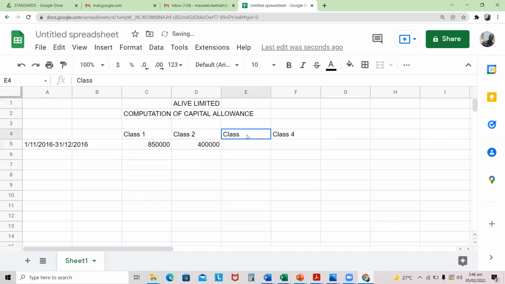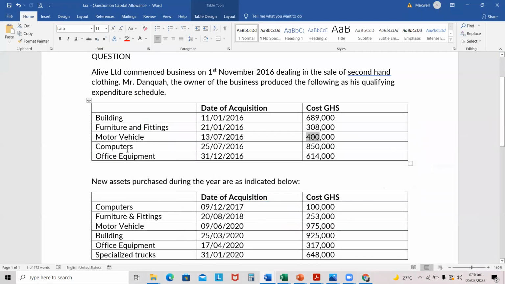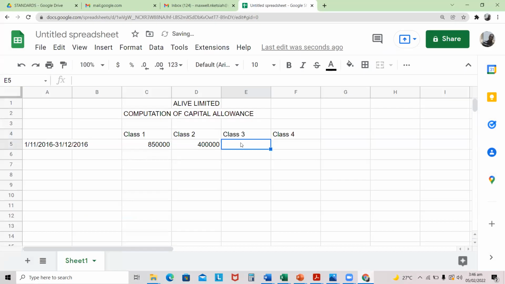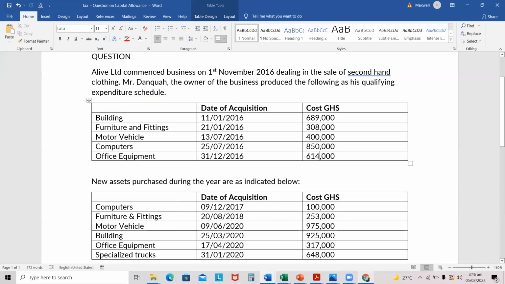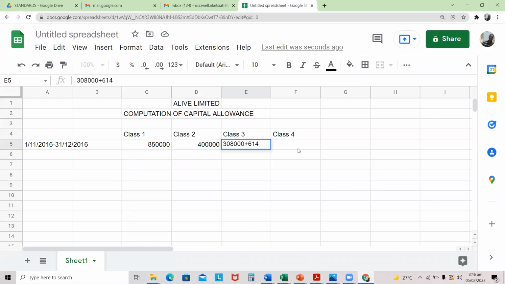Now class 3, we have office equipment and furniture and fittings, so class 3 is 308,000 plus 614,000.